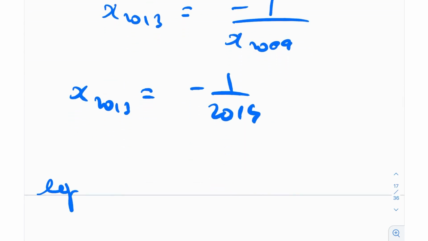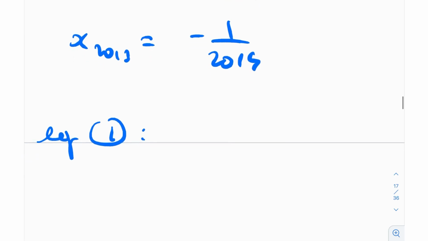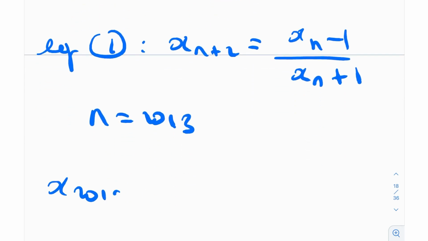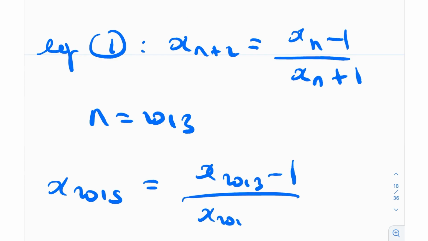And if I just look at equation number 1, equation number 1 was x_{n+2} is (x_n - 1) divided by (x_n + 1). Now, if I plug in n is equal to 2013 over here, I'll get my 2015 term, which I want to find, which is (x2013 - 1) divided by (x2013 + 1).